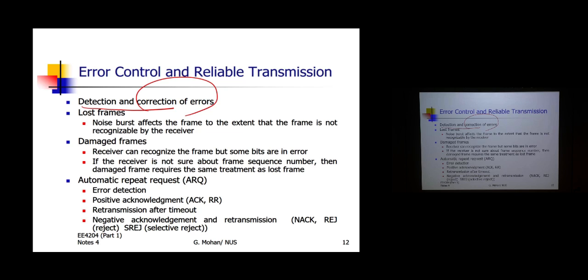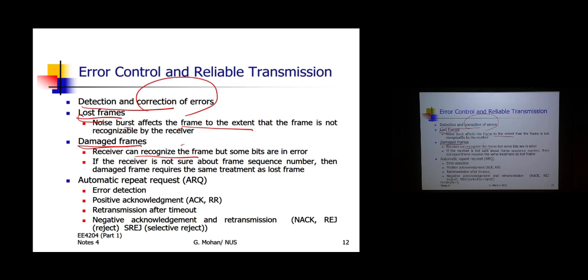We deal with two kinds of frames. As I said before, lost frame and damaged frame. Damaged frame means receiver can recognize that there is some frame. That means it can do some CRC calculation and other things. Okay. And CRC fails means there's a damage or there's an error. Lost means the noise burst heavily affects the frame to the extent that the frame is not recognizable by the other side. That's what I said.